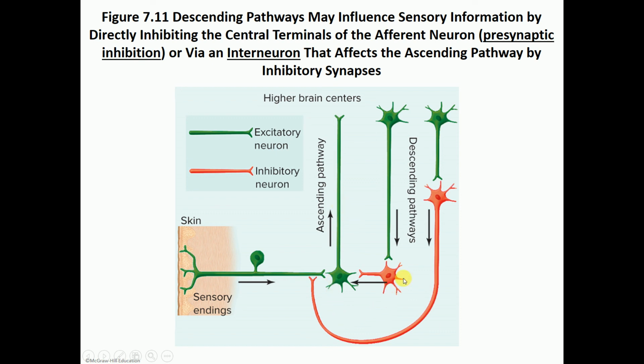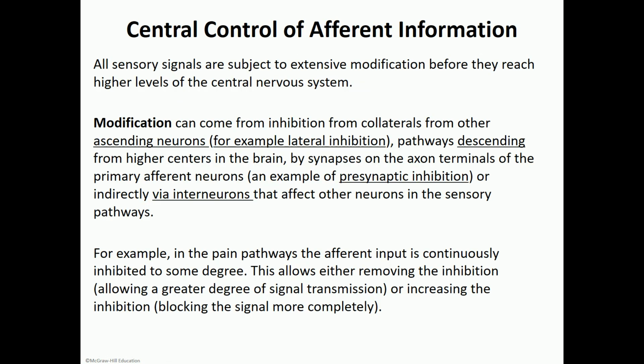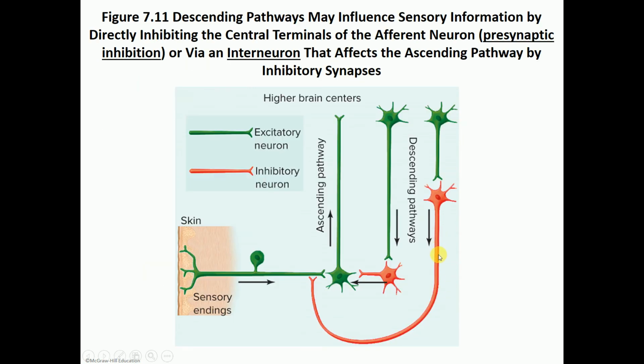Now through these interneurons, these motor fibers are sending inhibitory impulses to the sensory pathway. One of them is sending an inhibitory impulse to this presynaptic neuron, while the other pathway is sending an inhibitory impulse to the postsynaptic neuron.